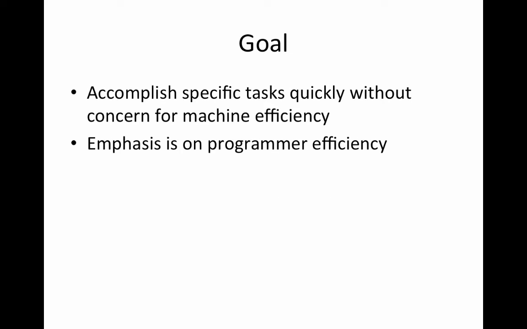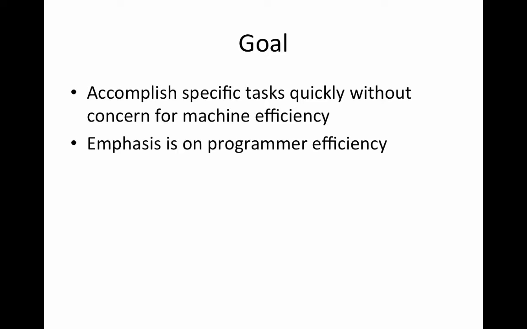Okay, so the whole point of scripting language is to allow a programmer to quickly and efficiently accomplish a task without a concern for machine efficiency. So everything about a scripting language is geared toward the convenience of the programmer rather than the convenience of the machine.